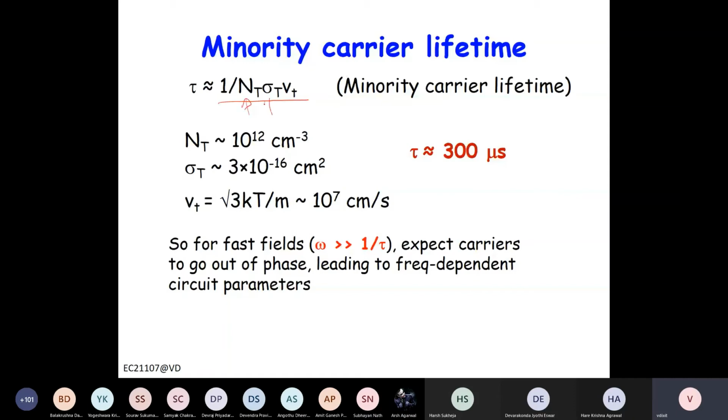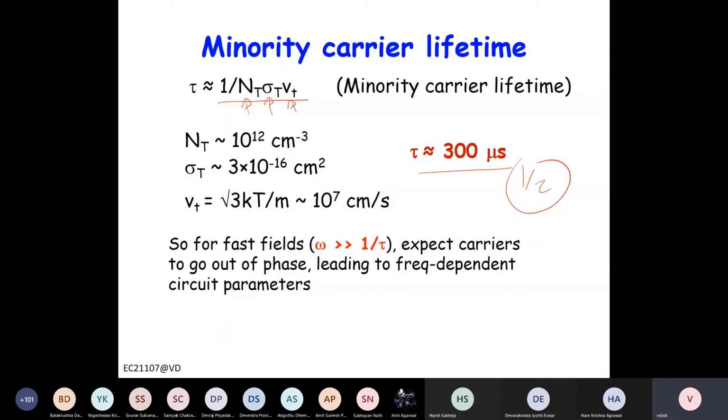Sigma T is the capture cross section of the trap, and Vt is the thermal velocity. And from that, if you put the values, it comes out around 300 microsecond. So if frequency is more than 1 over tau, then these carriers cannot respond with the voltage, right? So they will go out of phase, and that will lead to frequency dependent parameters.